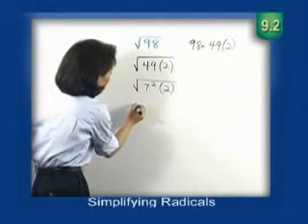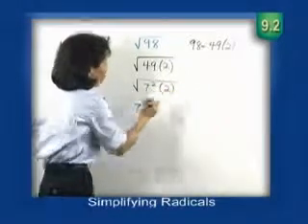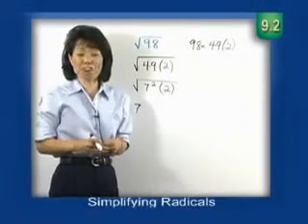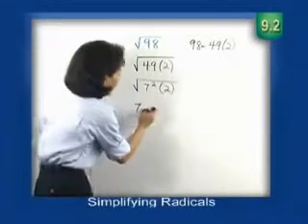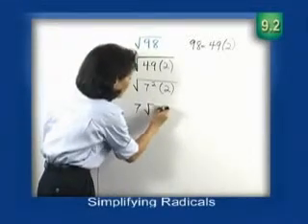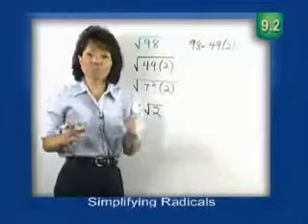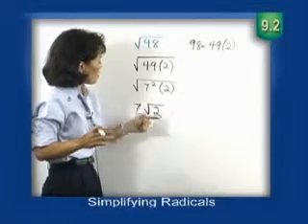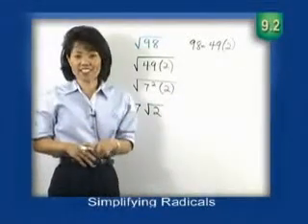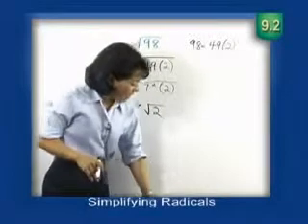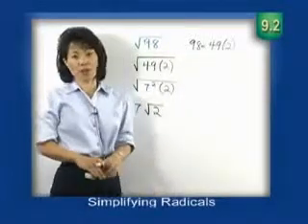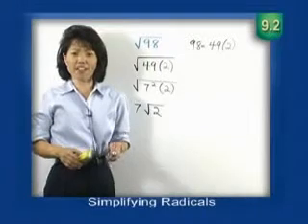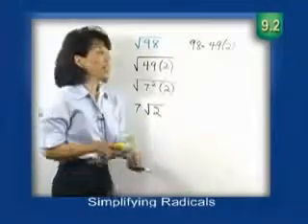So it becomes 7 on the outside, and 2, not a perfect square, so guess what? 2's just got to hang out on the inside of the radical sign. So the square root of 98 simplifies down to 7 times the square root of 2. These are probably the most difficult types of problems for most students, so don't feel too bad if you don't get it the first time. Just take a little practice.